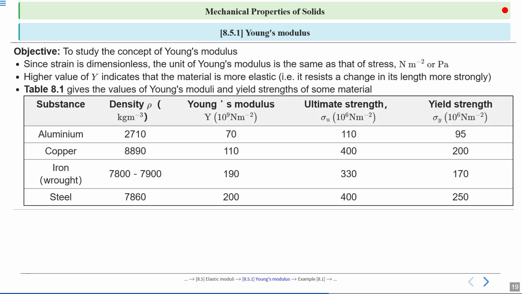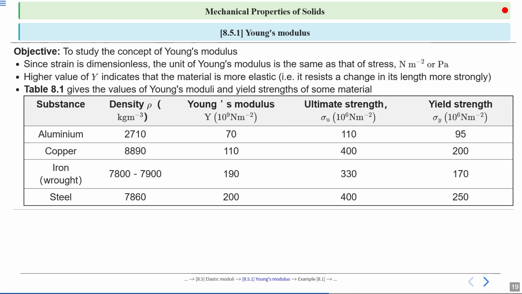So let's look at table 8.1, which shows the Young's modulus and yield strengths for some common materials: aluminium, copper, iron, and steel. Notice how steel and iron have much higher Young's modulus values compared to aluminium, meaning they are stiffer.